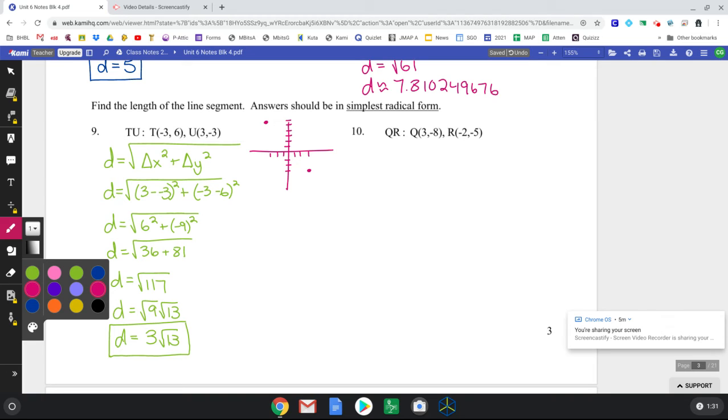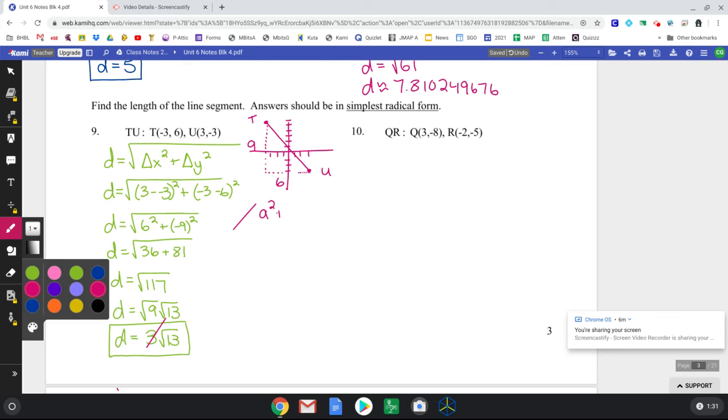So if I connect T and U, I drop a perpendicular, draw that over, so I now know that this, just by counting, has a length of 6. By counting, this has a length of 9.